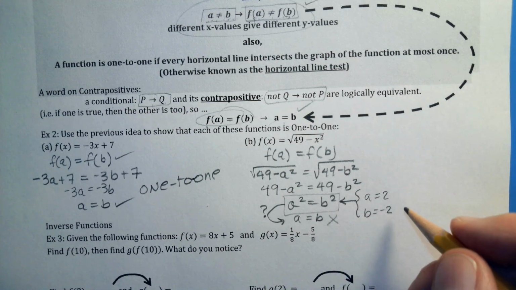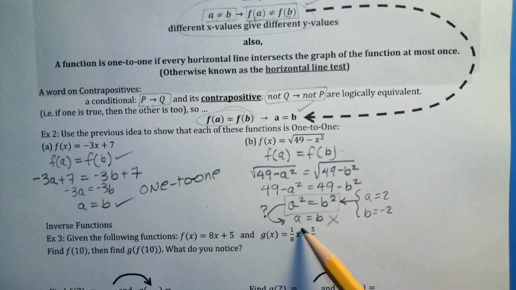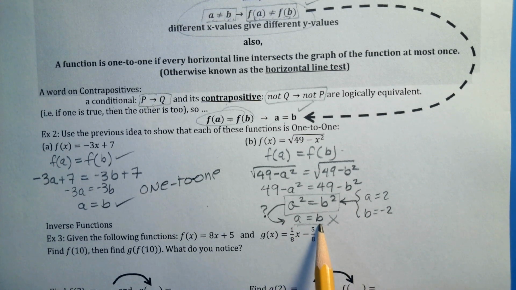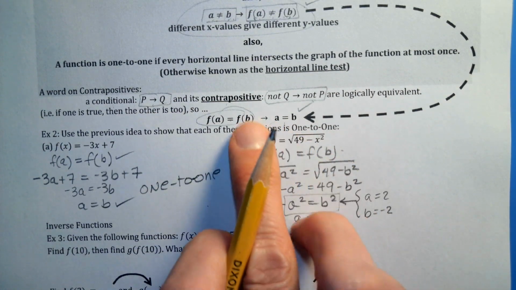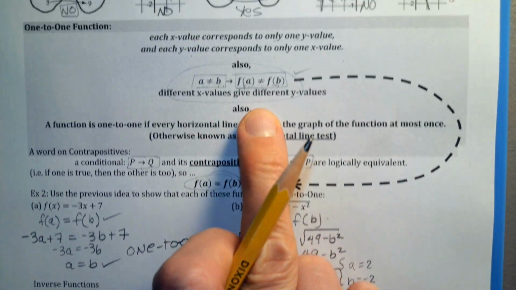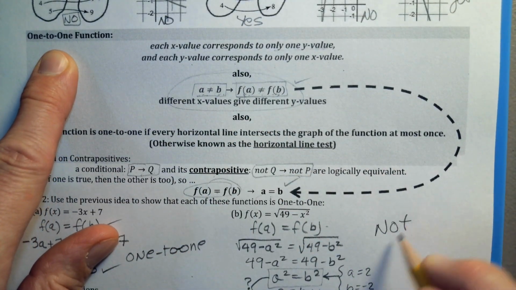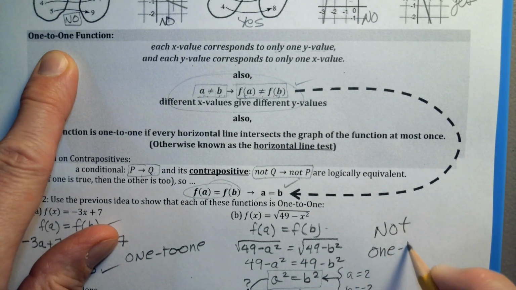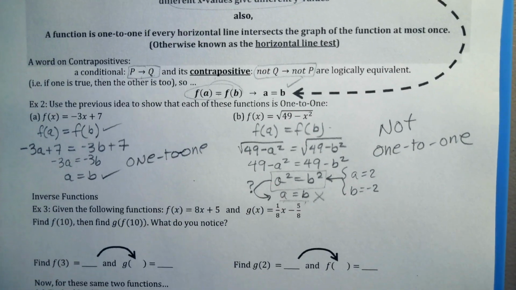So F of A equals F of B does not give us A equals B, not for this particular problem. And as a result, no, not one-to-one for part B.